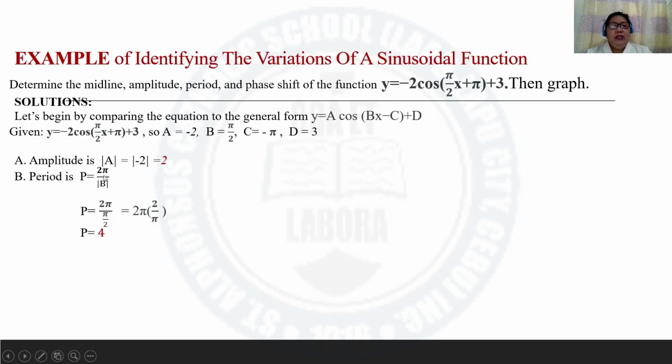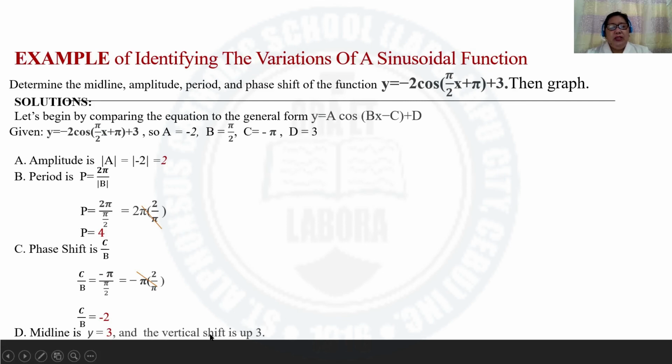The period is 2 pi over the absolute value of b, so that is 2 pi over pi over 2. Simplify, so you cancel pi, 2 times 2 is 4, the period is 4. The phase shift is c over b, so negative pi over pi over 2, then simplify, cancel this, so you will have negative 2. And the midline is 3.